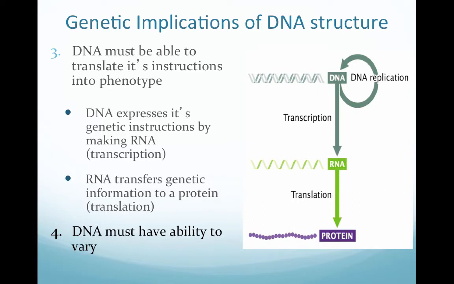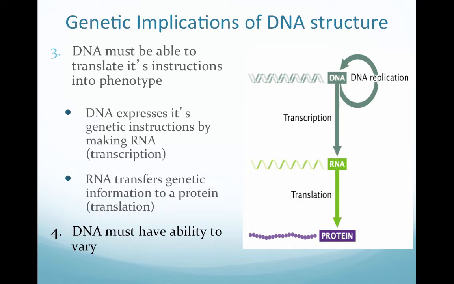The third major implication of DNA structure is that DNA has to be able to translate its instructions from its DNA form into a phenotype. So DNA is going to be expressed through a process, and the first part of that process we call transcription. That's where DNA is going to be made into RNA.